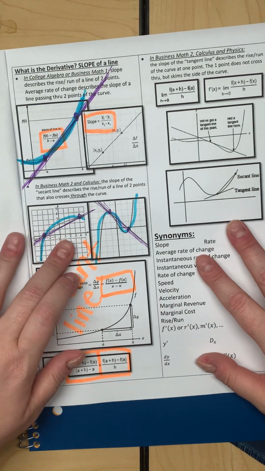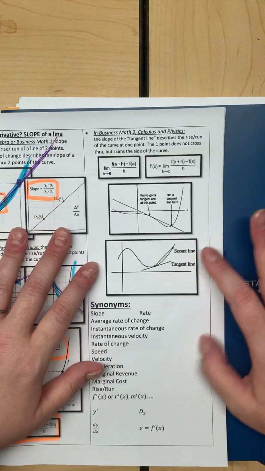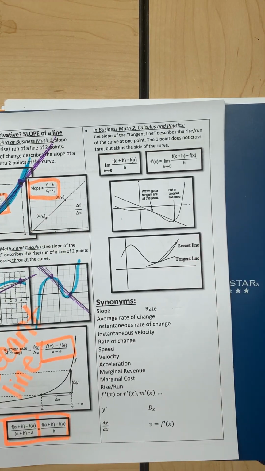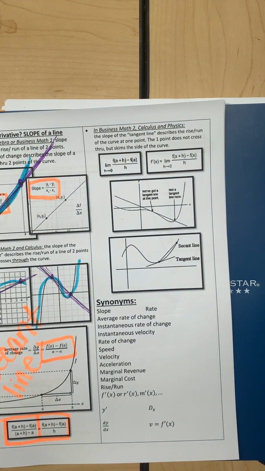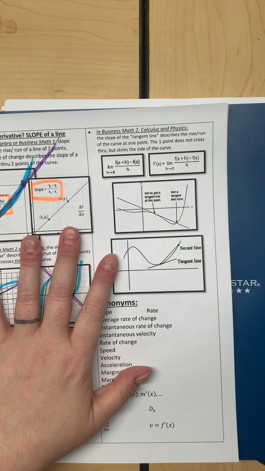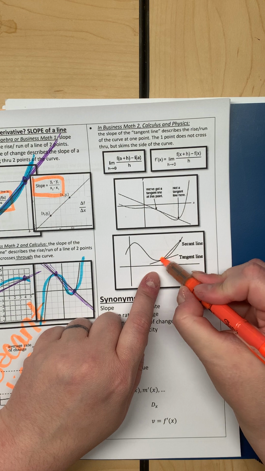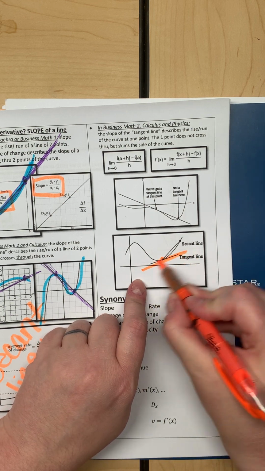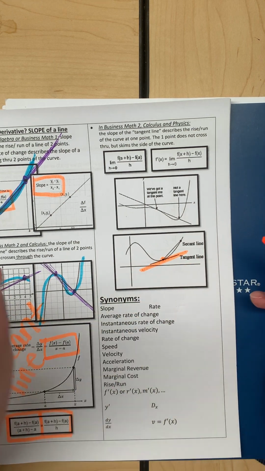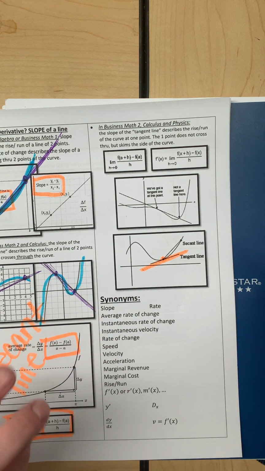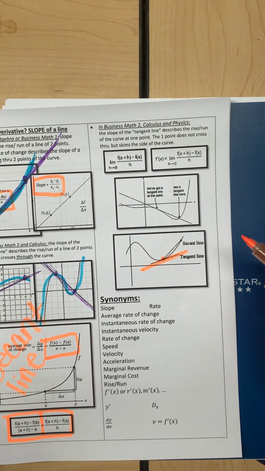Then we have something called the tangent line. Tangent line only passes through 1 dot of your curve. So, for example, if we look at this picture on the bottom, there's 1 dot on the curve, and the tangent line passes through just that 1 dot. So tangent lines only pass through 1 point.